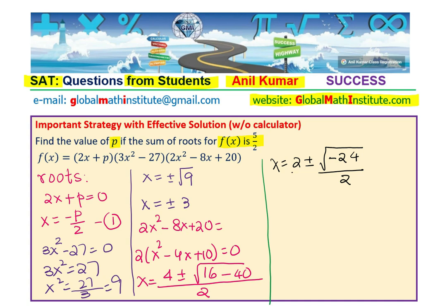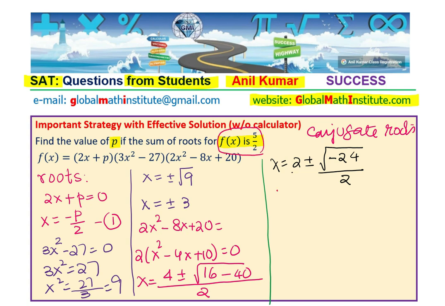Now we need to add all the roots, right? So this is plus and minus, two roots, conjugate roots. So the concept here is that these are conjugate roots, which means if you add them, they will cancel away. And what we are given is that the sum of roots of this function is 5 by 2.